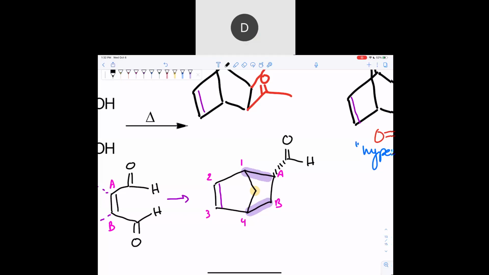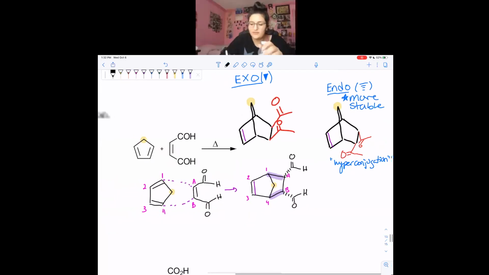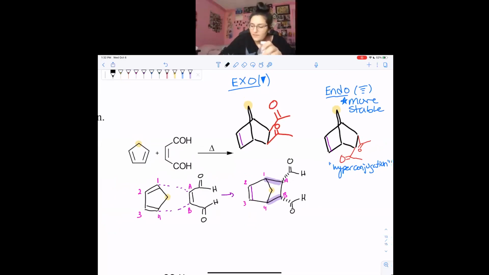So what's the product that we made, and what's the question? Let me show you. So the product is this, which in 3D looks like this.